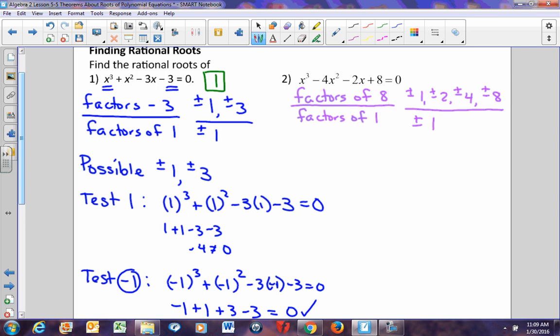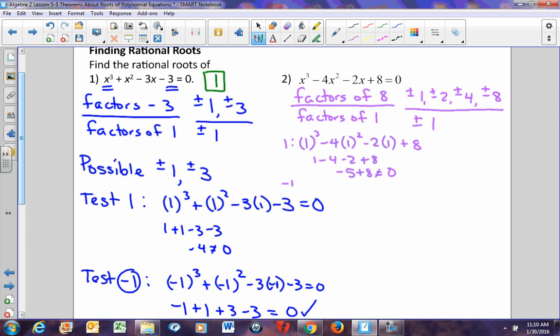So I'm going to test 1. I'm going to have 1 cubed - 4 times 1 squared - 2 times 1 + 8. So that gives me 1 - 4 - 2 + 8. That's -3, -5 + 8, which is not equal to 0, so 1 doesn't work.